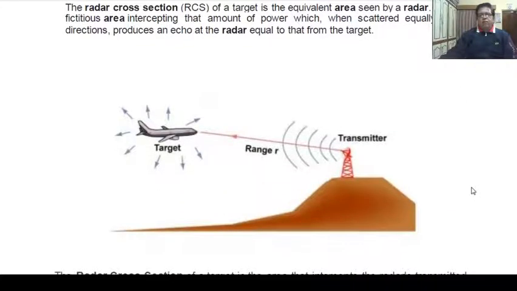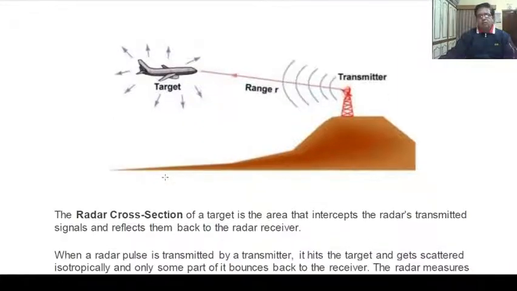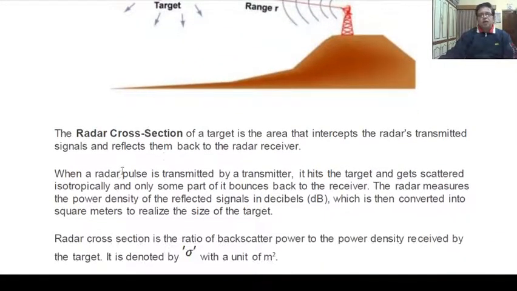From the figure we see here is a transmitter antenna. The transmitter antenna transmits the wave and a target is at a range R. The radar cross section of a target is the area that intercepts the radar's transmitted signals and reflects them back to the radar receiver.